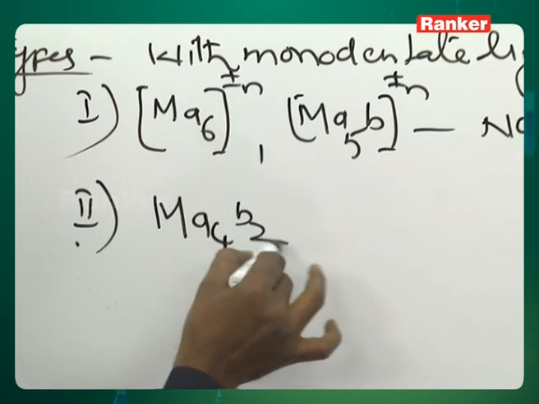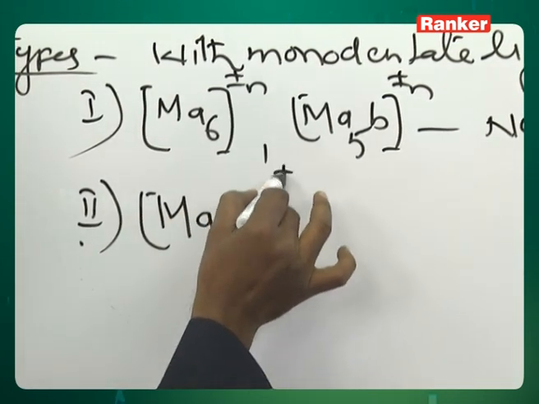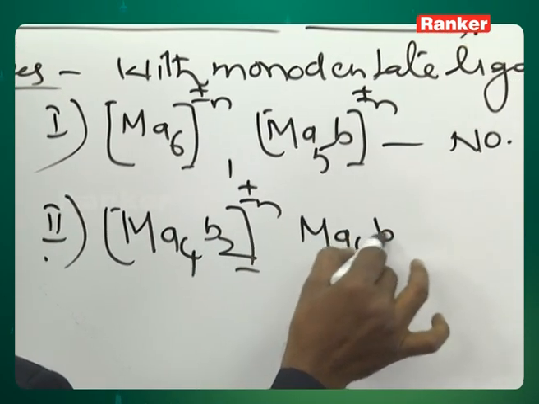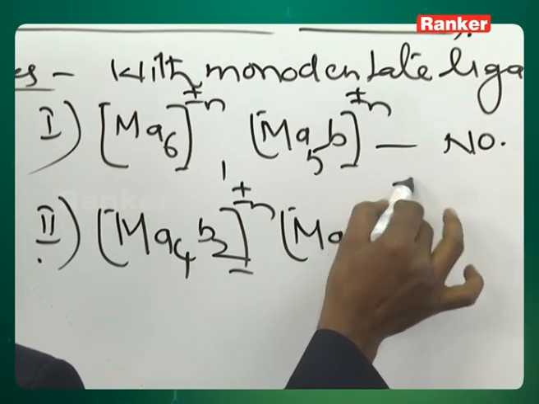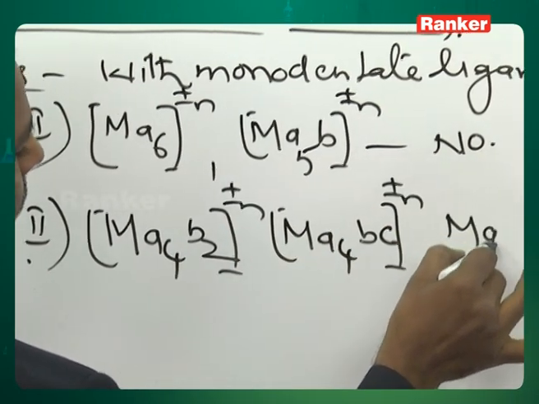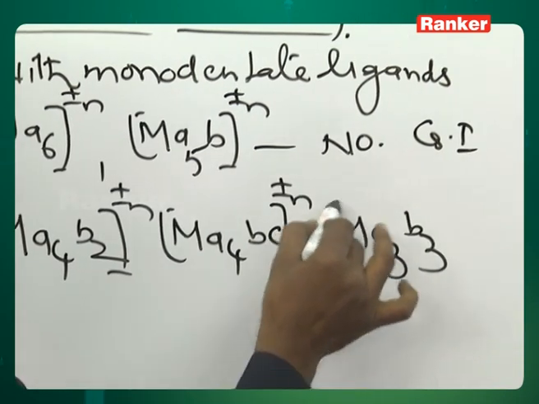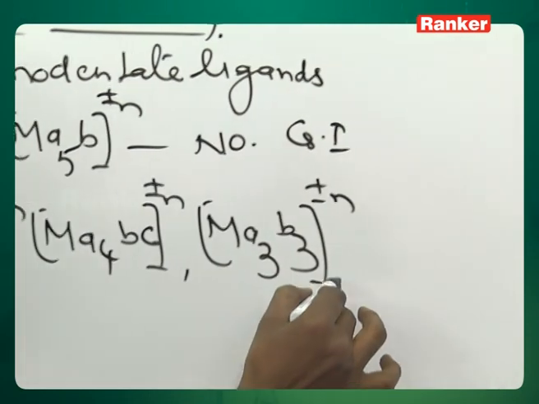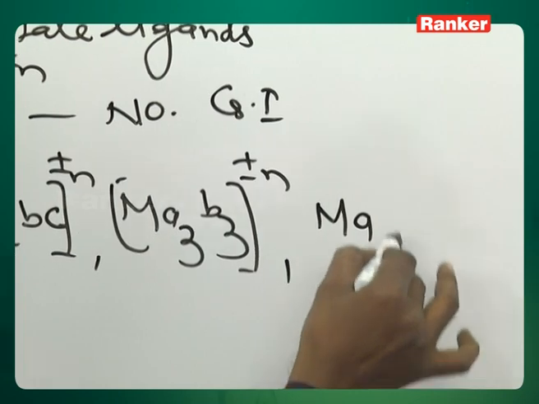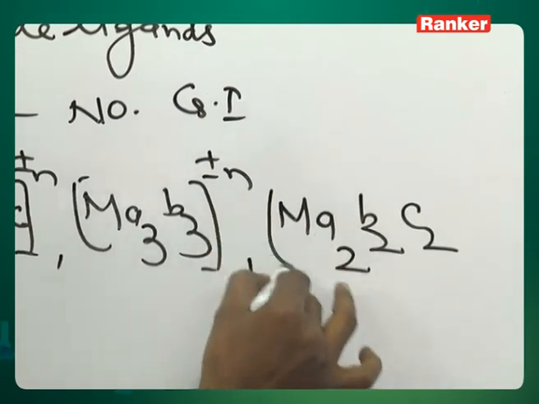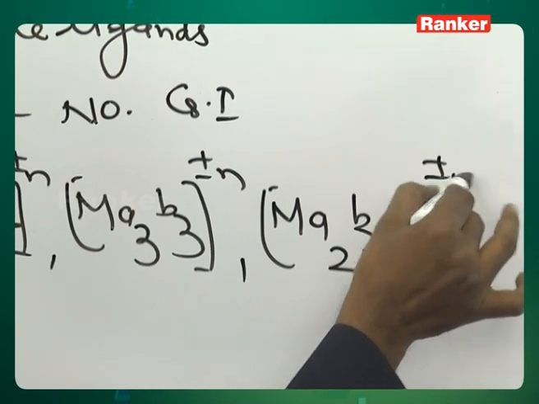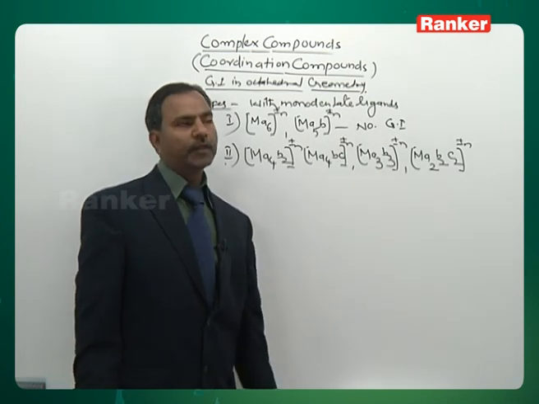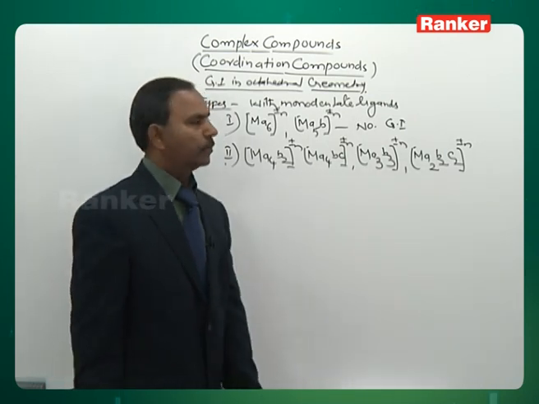Ma4B2 plus or minus n, Ma4BC plus or minus n, Ma3B3 plus or minus n, Ma2B2C2 plus or minus n. Ma4B2, Ma4BC, Ma3B3, Ma2B2C2.